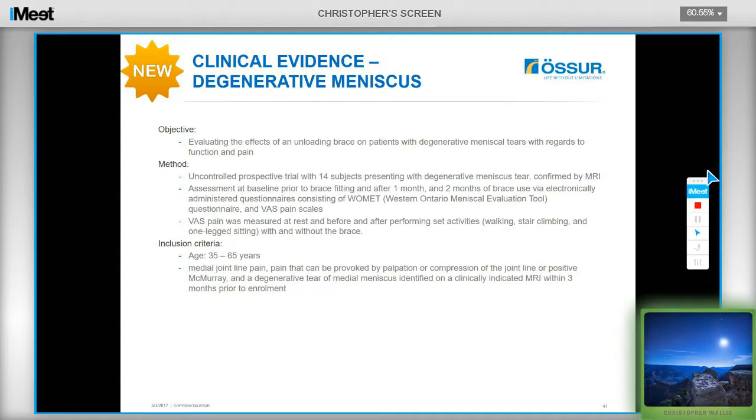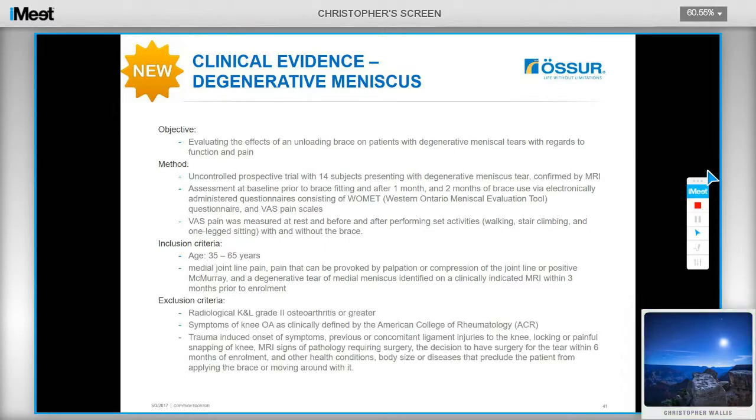Patients were between 35 and 65, presenting with medial joint pain and an identified degenerative tear of the medial meniscus via MRI. This study excluded patients with grade 2 OA or higher, and I guess the reason being is we've already established that the Unloader 1 and Unloader Fit are clinically proven as a treatment option for osteoarthritis. So we wanted to look at this as purely managing the degenerative meniscus and symptoms related to that.